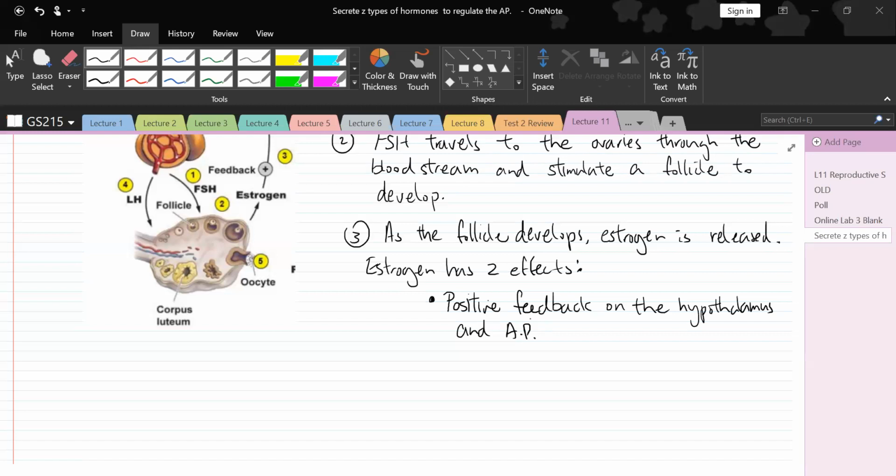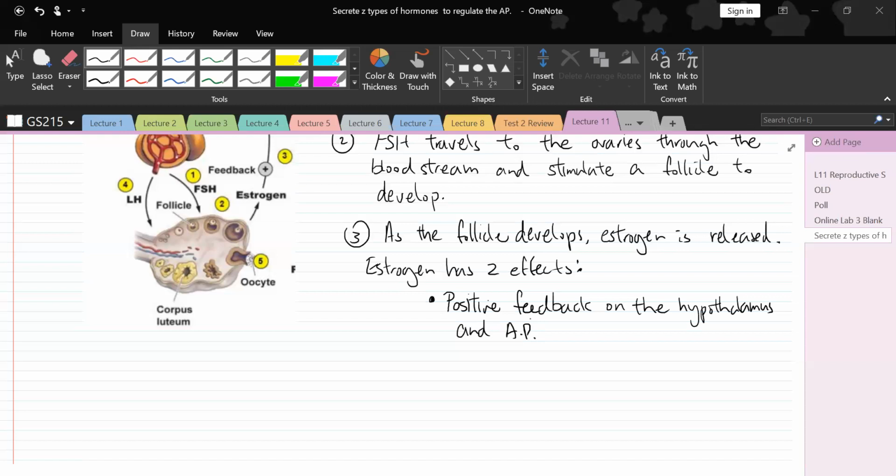You will sweat, for example, and that helps you cool off. When it's too cold, your body has a mechanism that brings the temperature back up, like shivering. So that's negative feedback, because the original trigger causes the opposite effect to occur.